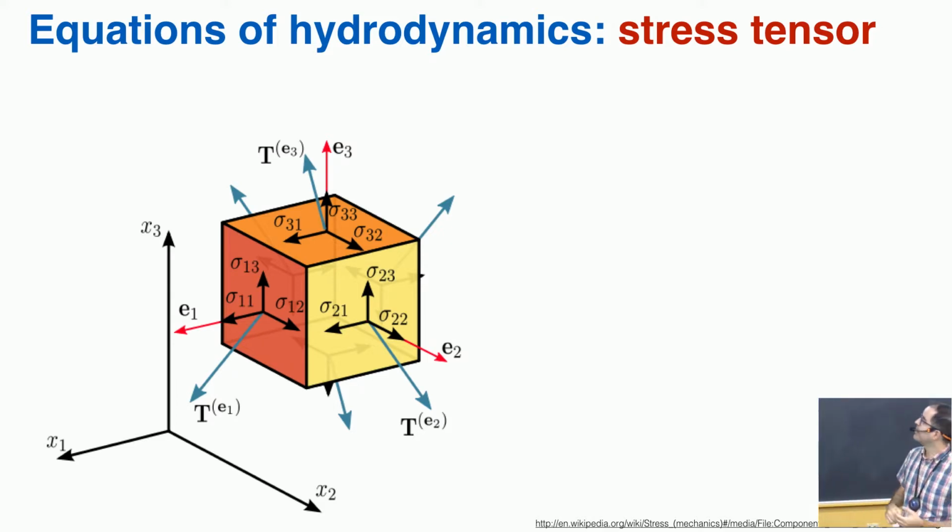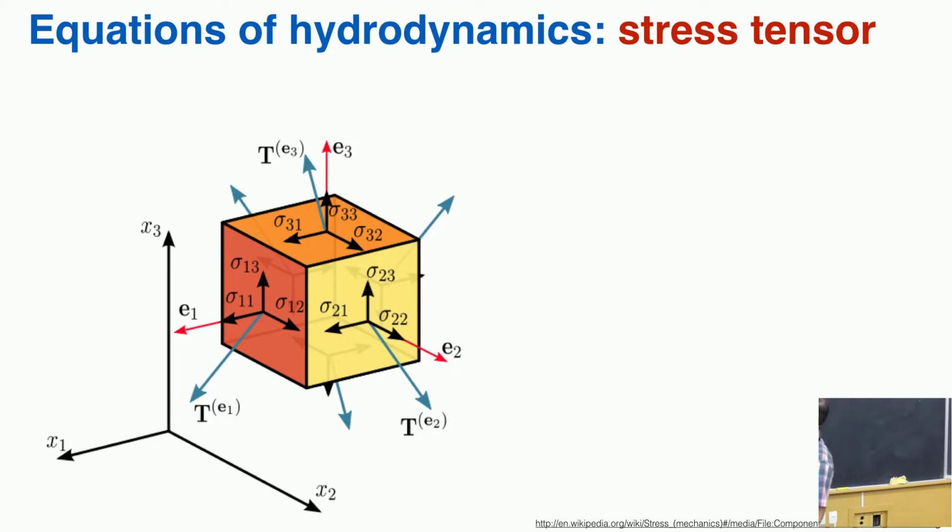Okay. So here, to have a complete description of the internal dynamics of this fluid element, you need to describe the force that is transferring momentum in the direction x1. Sigma 2,1 characterizes the force happening in this direction in the fluid element on the yellow face.